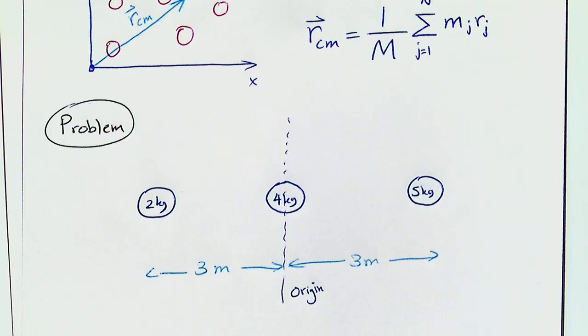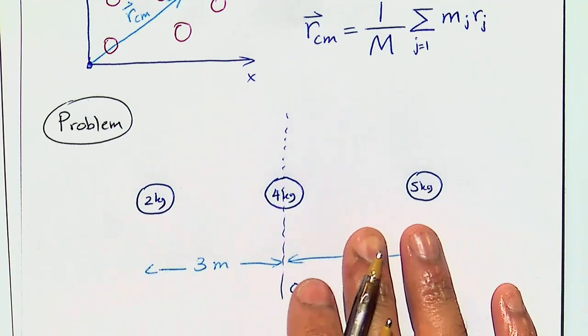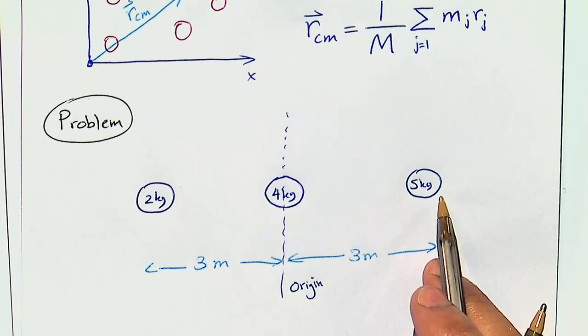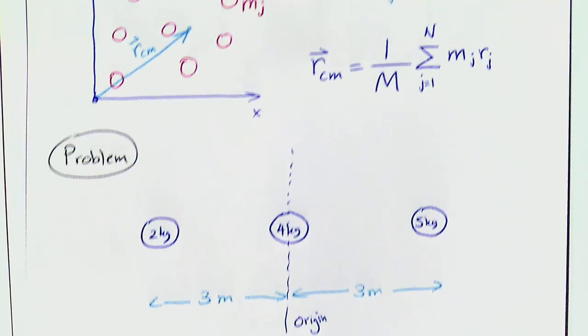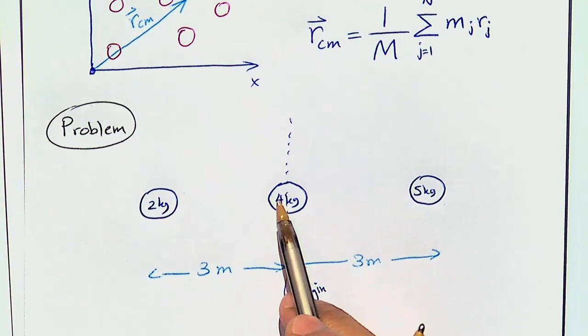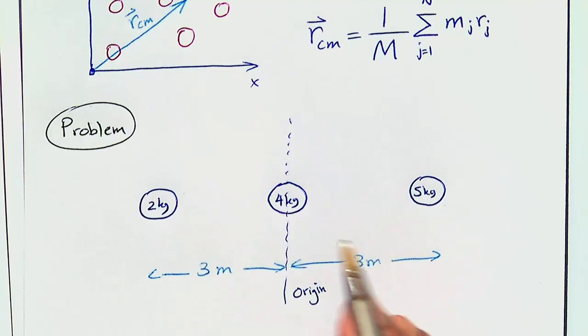We want to find where the center of mass is. Even before you do anything, look: this is 2, this is 4, this is 5. Take a guess of where the center of mass is. Just like we did here, you can see this has 4, this has 5, this is 2, so where should the center of mass be biased towards? To the left, up, to the right?